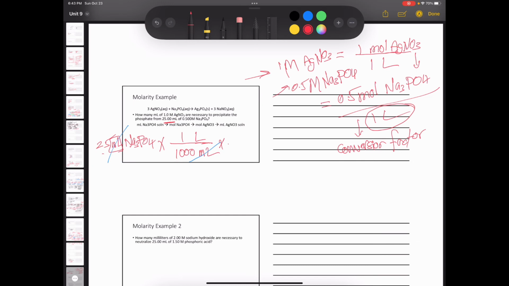Now I should be able to use my molarity conversion factor, right? Which is right here. So 0.5 mole Na3PO4 in 1 liter of Na3PO4. All right, let's make some room here.